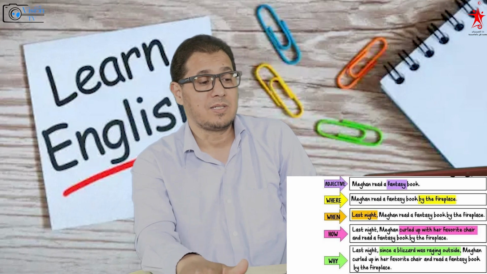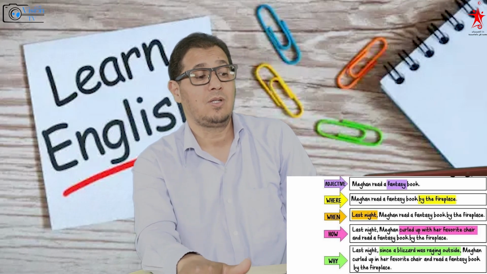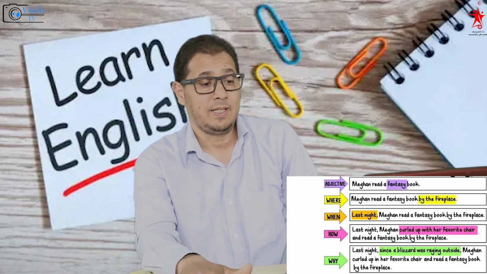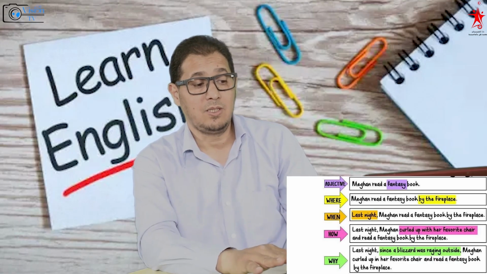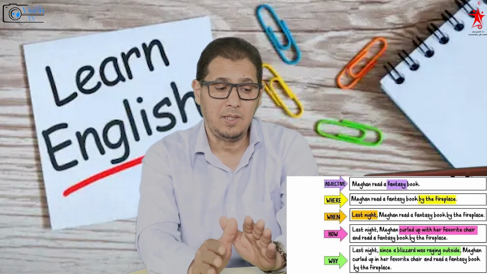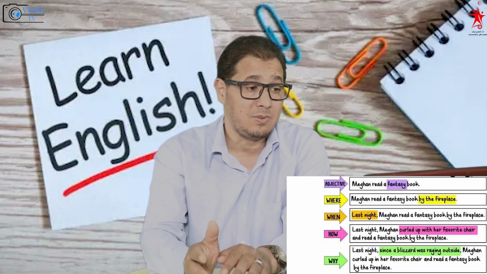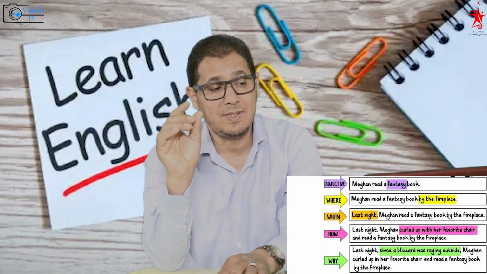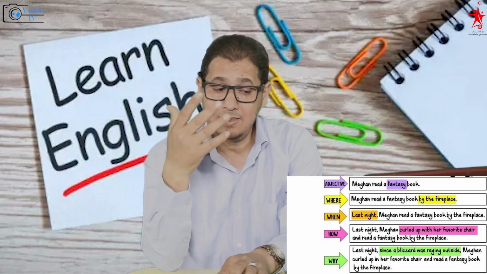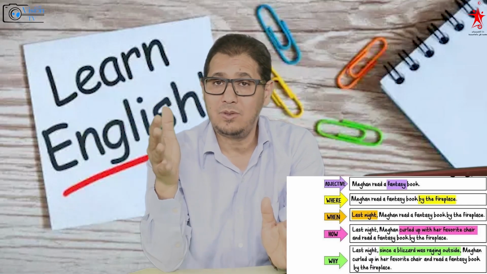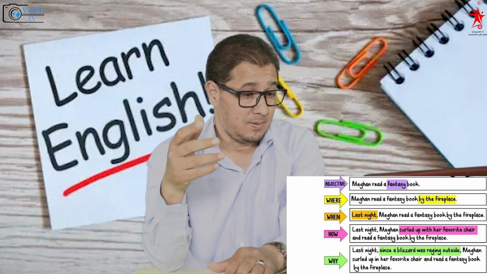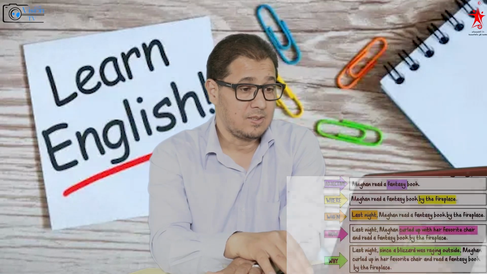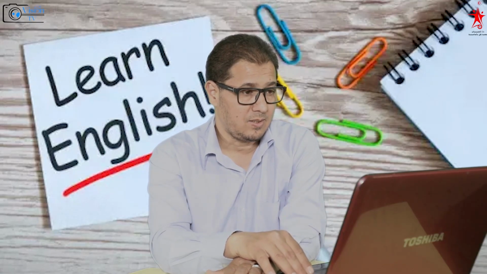Last night, since a blizzard was raging outside, Migan curled up in her favorite chair and read a fantasy book by the fireplace. الجملة توا ولت فيها تقريبا 23 words. يعني من جملة simple sentence فيها 3 كلمات 3 words رديناها جملة long sentence with 23 words تقريبا and full of information and pictures. So this is a good way to write rich sentences.